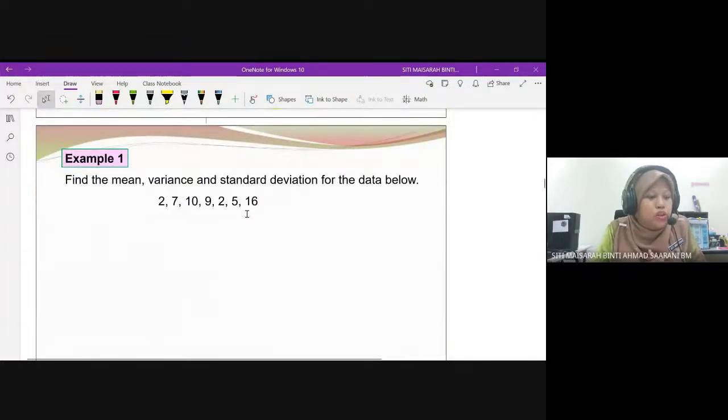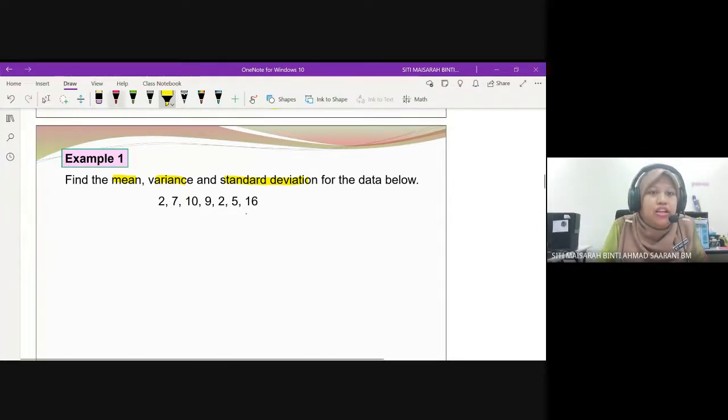Okay, now let's continue with example 1. The question asks to find the mean, variance and standard deviation for the data below. So we have 2, 7, 10, 9, 2, 5, 16. So jadi ini awak kena cari mean, variance and standard deviation. So jadi masuk dalam calculator, data dia ni X lah.